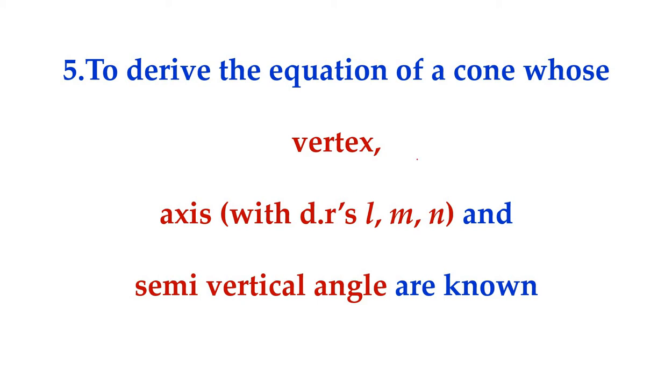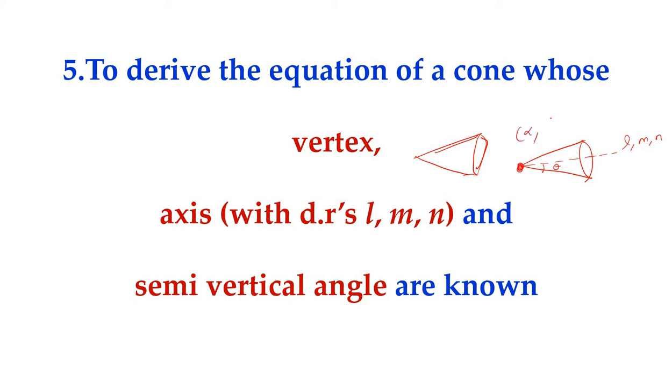See, in a cone, if we consider this cone, in this we are given the axis direction ratios, and suppose I take this as the generator, then semi-vertical angle theta is known and vertex is given.